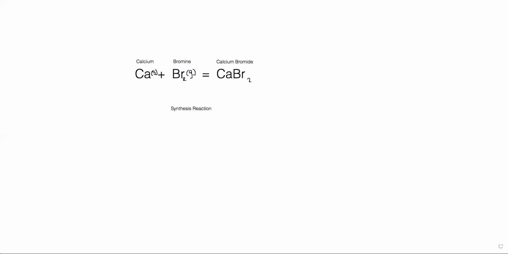Yep, I got it. Alrighty. Up next, we have methanol reacting with oxygen. So methanol is going to be CH3OH, and methanol occurs naturally in a liquid form at standard temperature and pressure, STP.